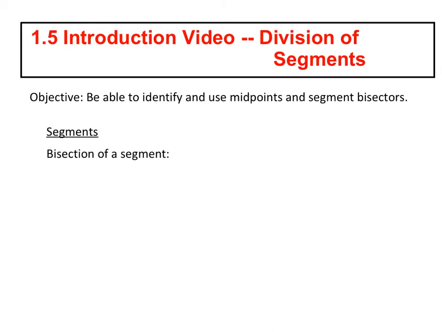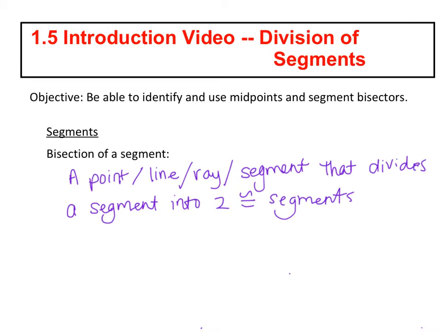The bisection of a segment is a point, line, ray, or segment that divides a segment into two equal segments. That is pretty wordy, so I paused the video and wrote that out. If you want to pause and go ahead and write this down: a point, line, ray, or segment that divides a segment into two equal segments.